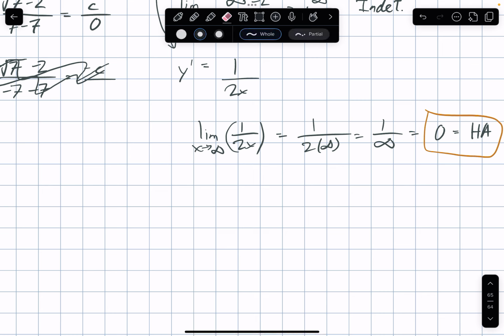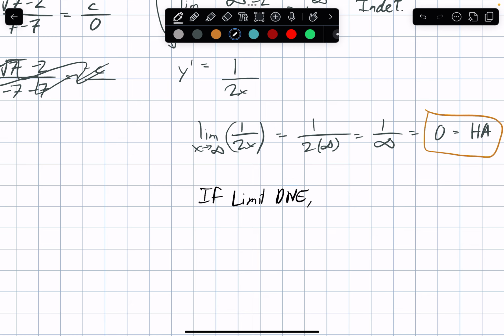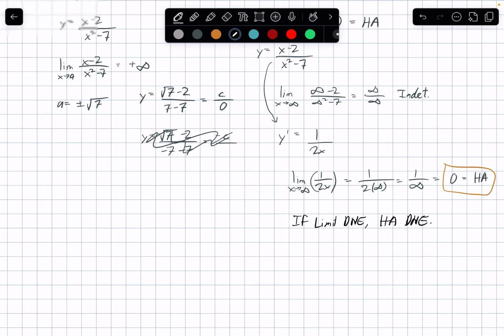Also, one thing that you'd want to know: if the limit does not exist, the horizontal asymptote would also not exist. Again, finding the vertical asymptote is still quite a gray area to me.